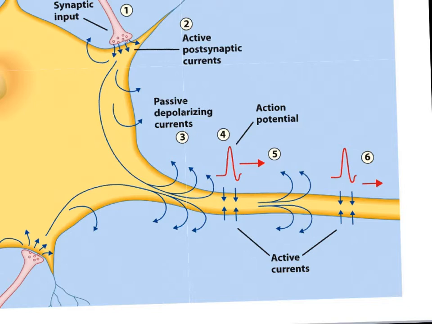The problem is that although the electrotonic current is pretty darn fast, the opening and closing of channels slows that current down a bit, so it could take some time for enough action potentials to be generated to get the signal from a motor neuron in the spinal cord down to, let's say, your ankle.